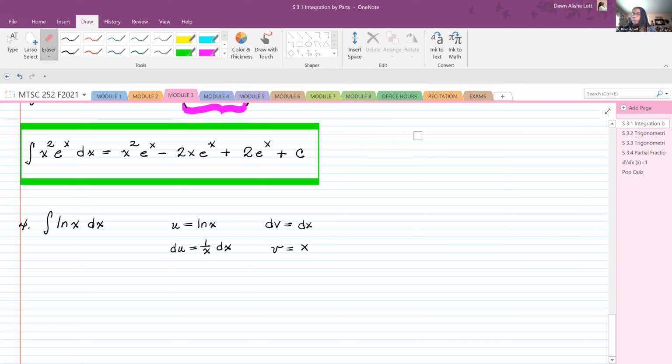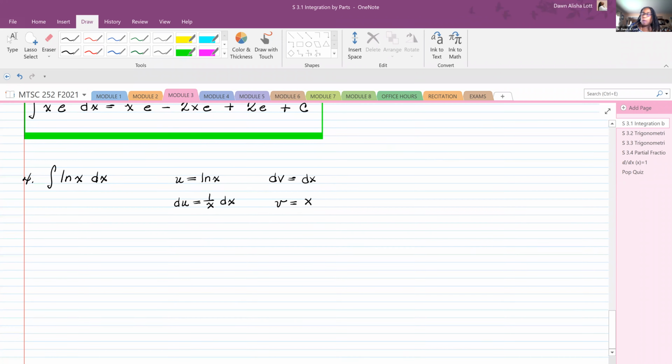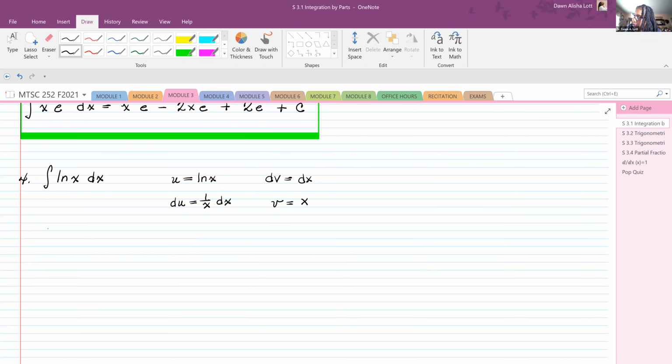Okay, so we're good. All right, so here we go. The integral of u dv is equal to uv minus the integral of v du. Plug it in. Maxine, when you finish plugging it in, tell me what you get.